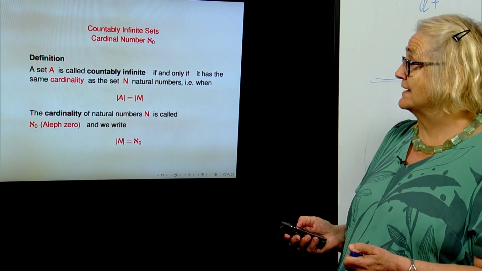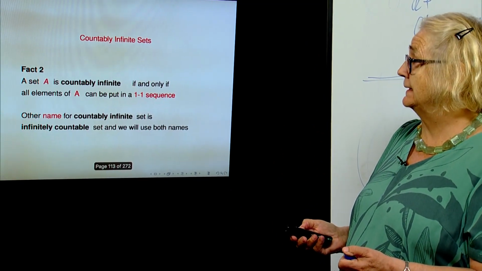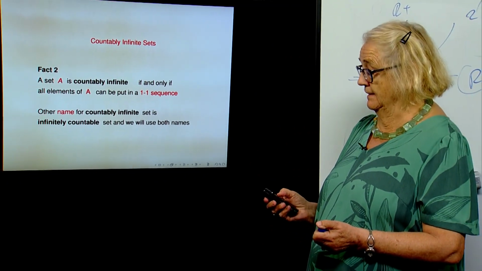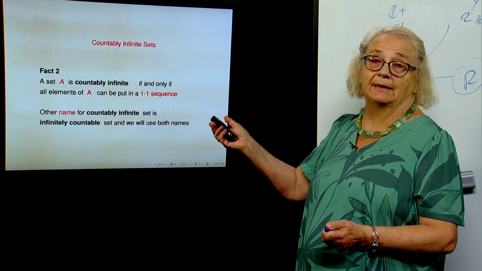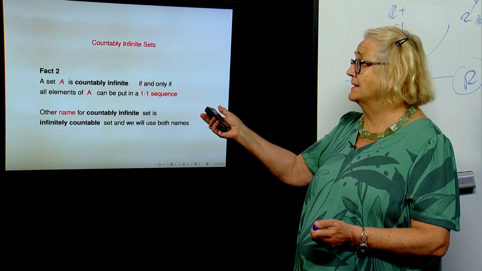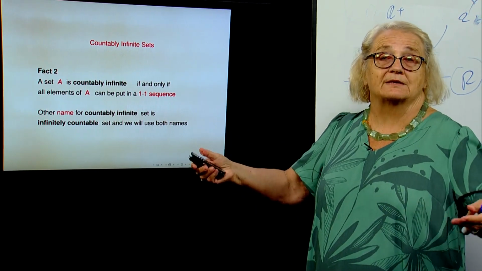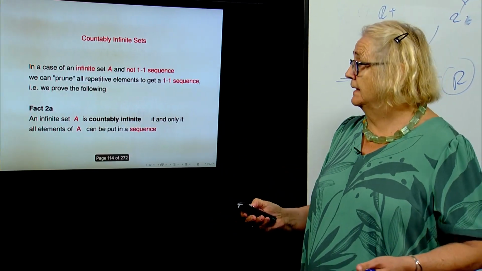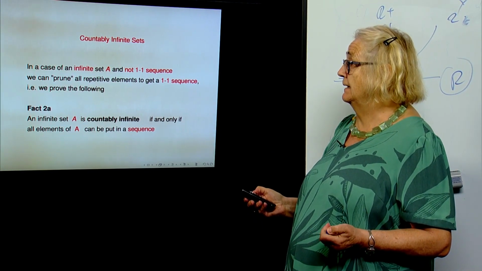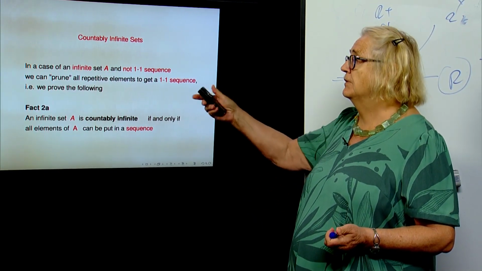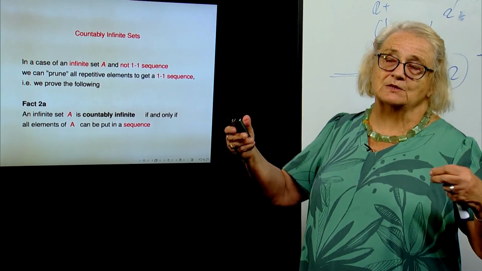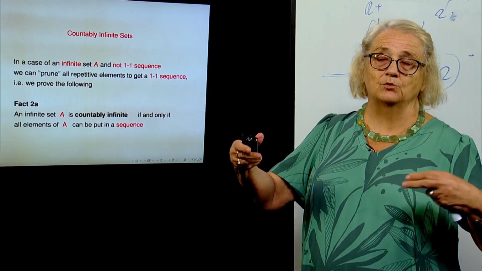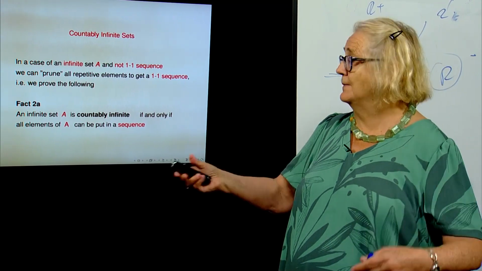And so we have a set of cardinality aleph 0. We have that a set is countably infinite if and only if its elements can be put into a one-to-one sequence, by definition. And in fact, if you have a normal sequence which is not one-to-one, you can always enumerate it by throwing out repeated elements.